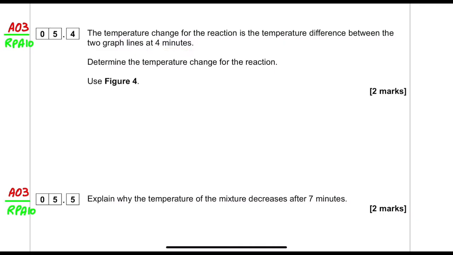So we need to know the temperature change going on at the 4 minutes. And it is already mentioned, it is the difference between the two lines at 4 minutes. Determine the temperature change for the reaction. Use figure number 4. We need to use figure number 4 and we need to check the temperature change at 4 minutes.